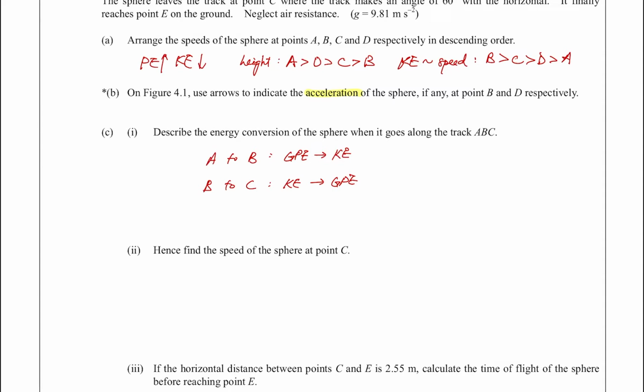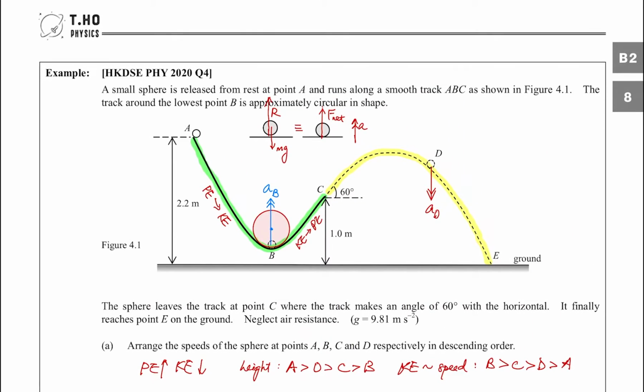Then part 2, we have to find the speed of the sphere at point C. At point C, the total amount of energy would be equal to the amount of energy at point A. Here we can take the ground as a reference. That means we can measure the height and the PE from the ground, assuming the PE is 0 at the ground.